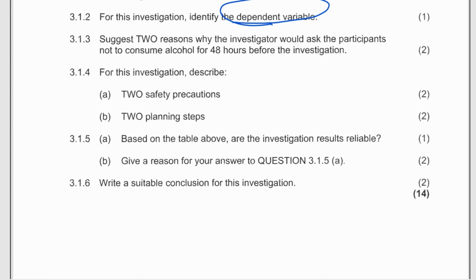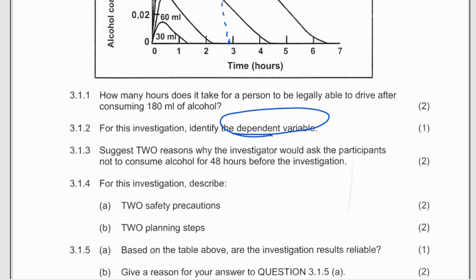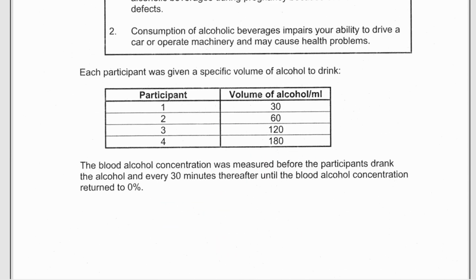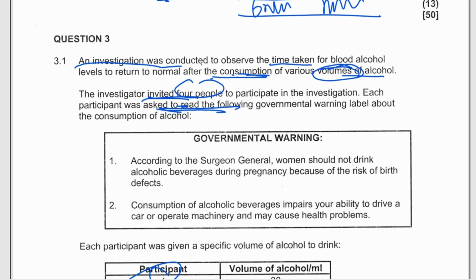Then, based on the table above, are the investigator's results reliable? On this table, to me, I will say no, they are not reliable. Why? You can't use one participant, one person. You need a large sample size, maybe in groups.